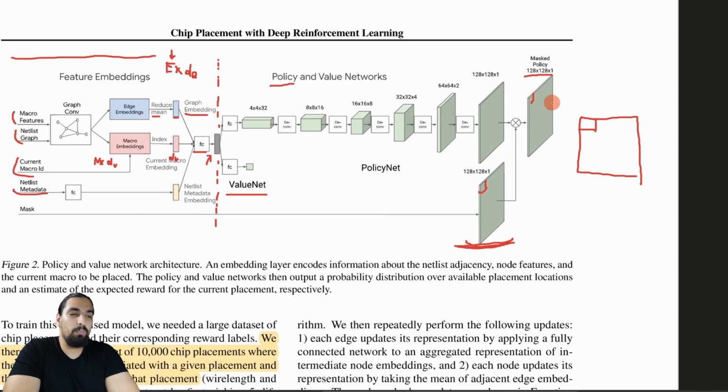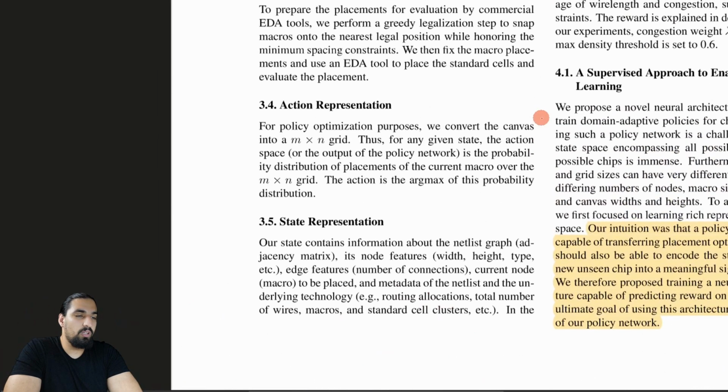So if the policy network outputs, I don't know, maybe 0.02 here, and we already have that part occupied, this mask will zero it out, and you'll just distribute the probability across the other valid cells. So that's that part. And yeah, that's what I mentioned here.